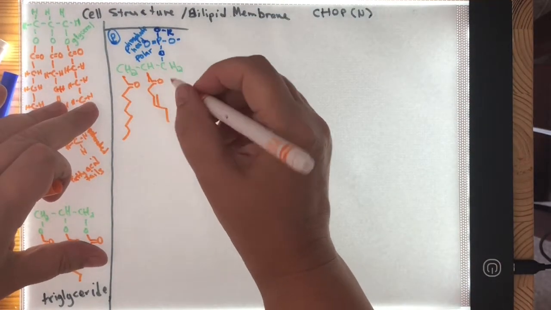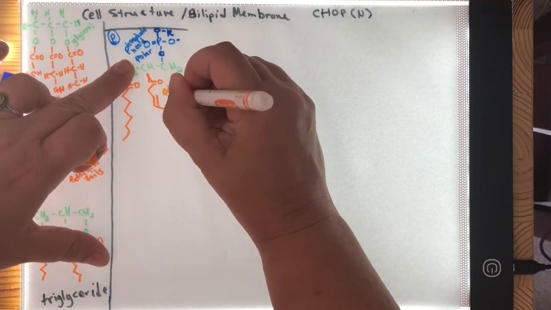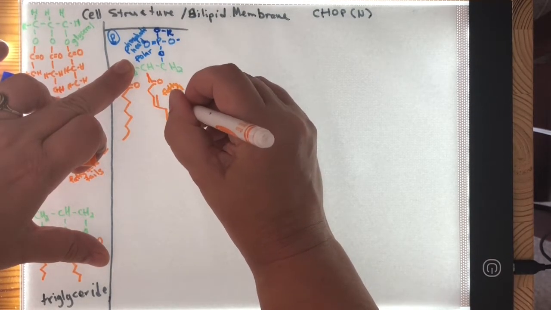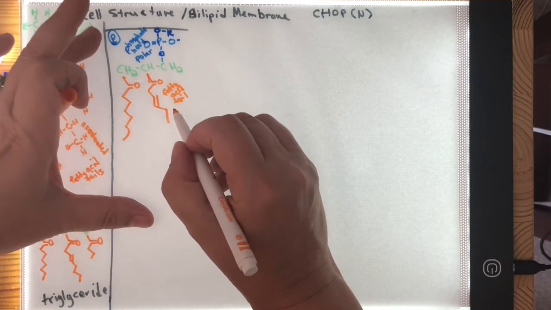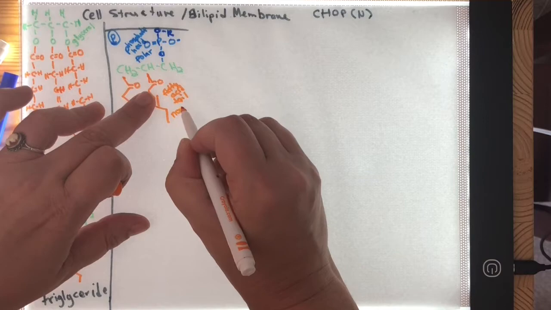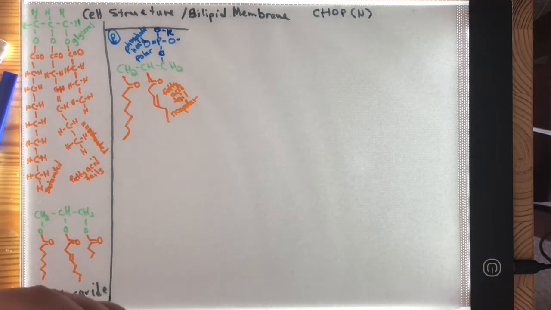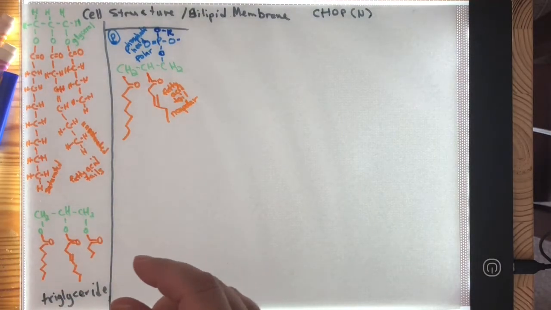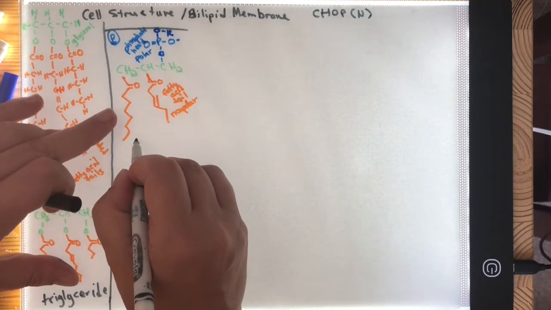It's an incredibly important structure, an incredibly important molecule that we'll see come up again and again. Now you'll see that I labeled the phosphate head and I used the word polar, which is the same thing as saying hydrophilic. And I went ahead and labeled the fatty acid tails again, which I will now use the word nonpolar, which means hydrophobic, and that's going to be coming up very shortly.